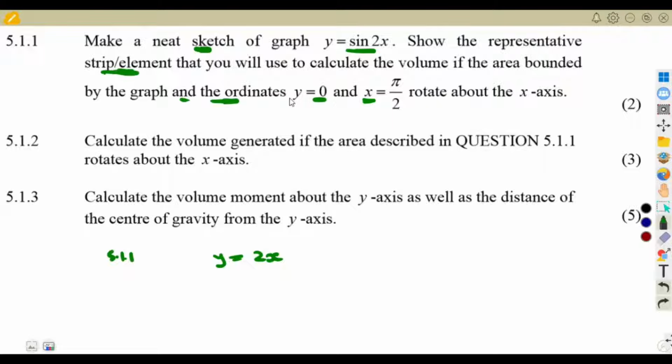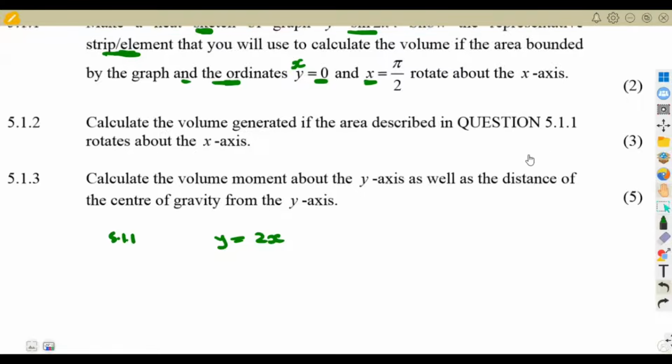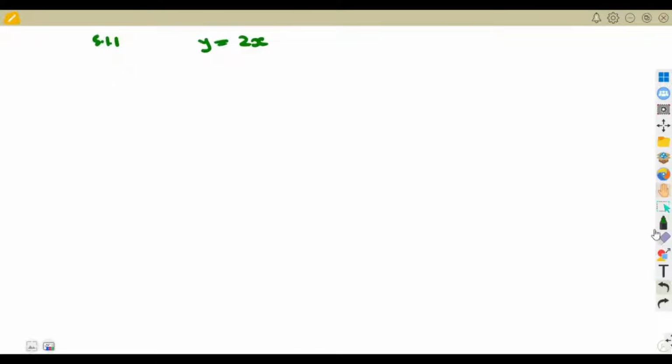So we want to draw this graph bounded by the line y equals 0, which is our x-axis in this case, and also x equals pi over 2. The x-coordinates are the ones that we need, as our limits.